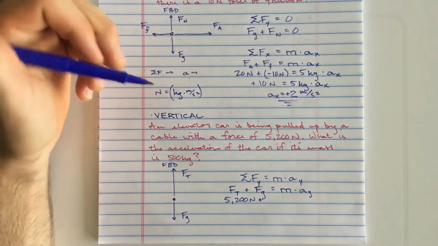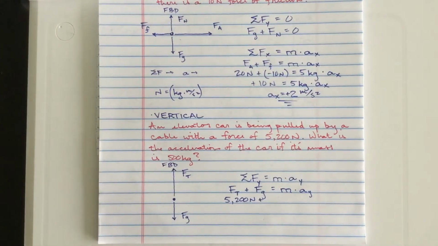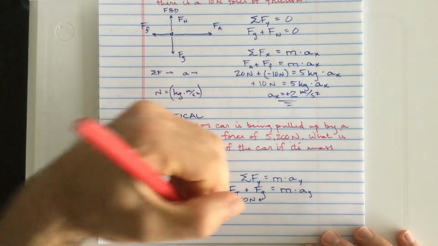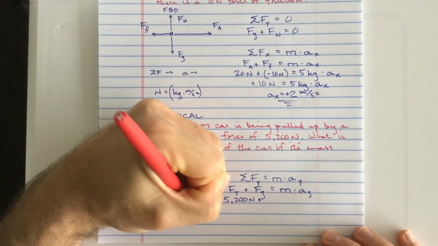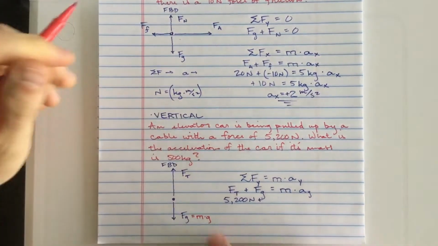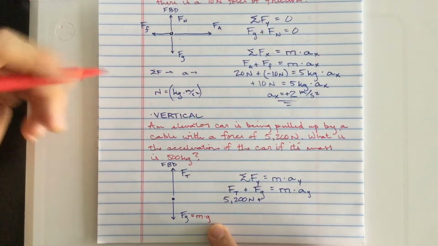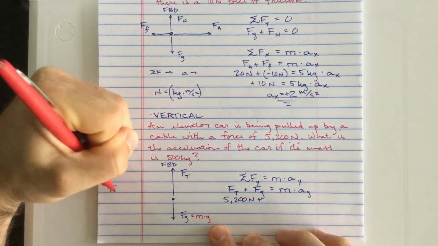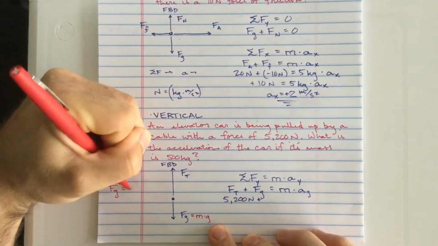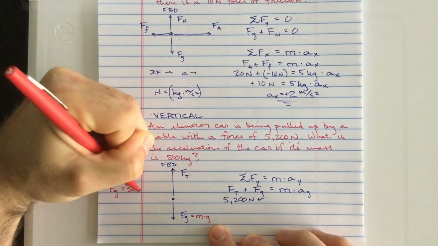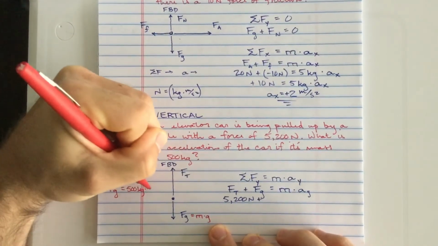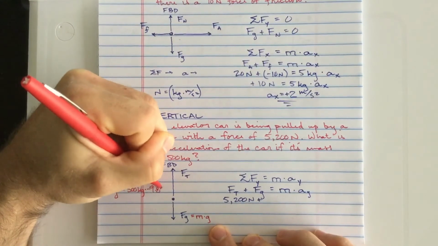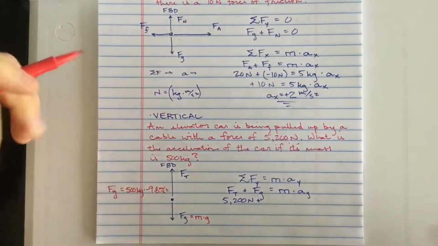And so this is where we got to stop and think real quick about something I taught you in, I think it was our Hooke's Law lab, the pre-lab for that. I taught you that Fg can actually be solved for if you know the mass and you know the acceleration due to gravity of the planet you're on, which is Earth. So the good news is I know the mass of this cable car is 500 kilograms, and I know the acceleration due to gravity on Earth is negative 9.8 meters per second squared.